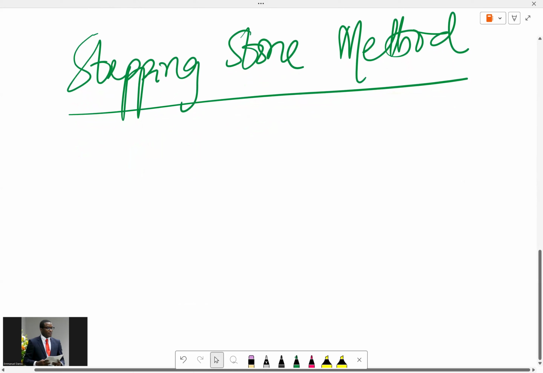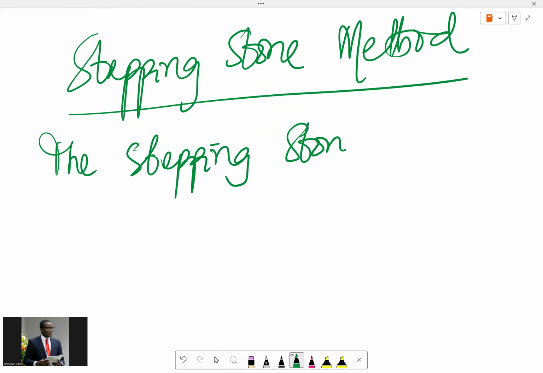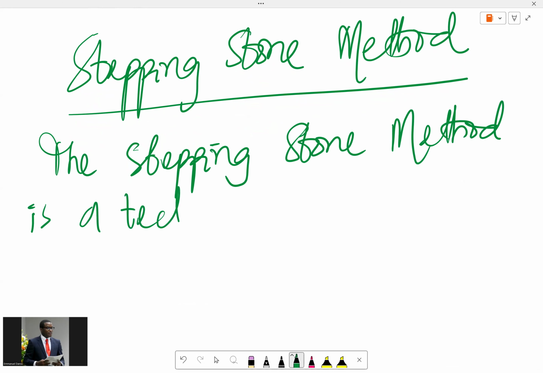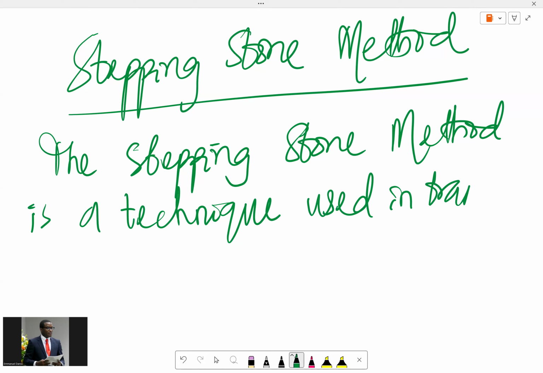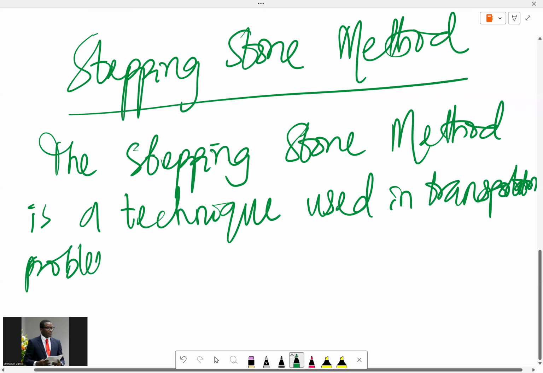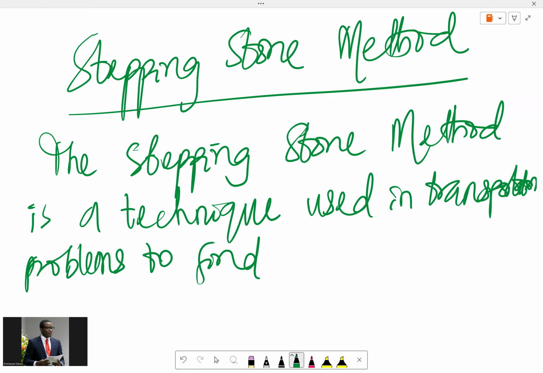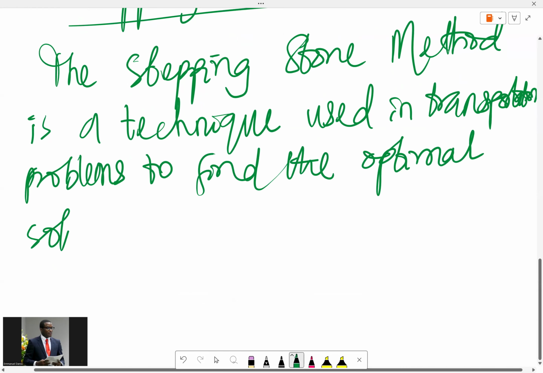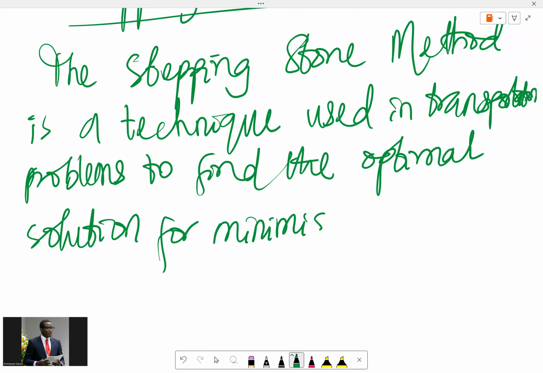The stepping stone method is a technique used in transportation problems to find the optimal solution for minimizing transportation costs.